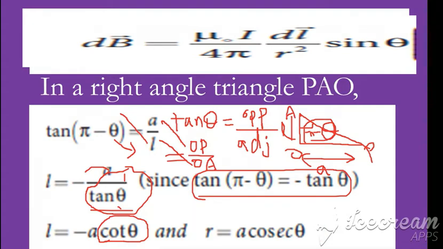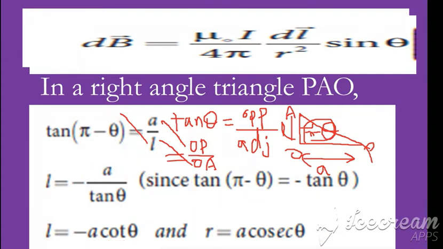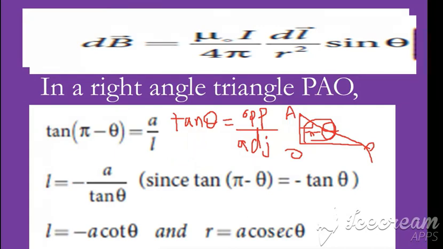So the next triangle we take is the triangle which includes the value of R. Now the same thing, but considering this to be A, this to be L, and this to be the value R. This gives the value R. Now with this same triangle, if you are going to take the value of sine theta, what is the formula for sine theta?